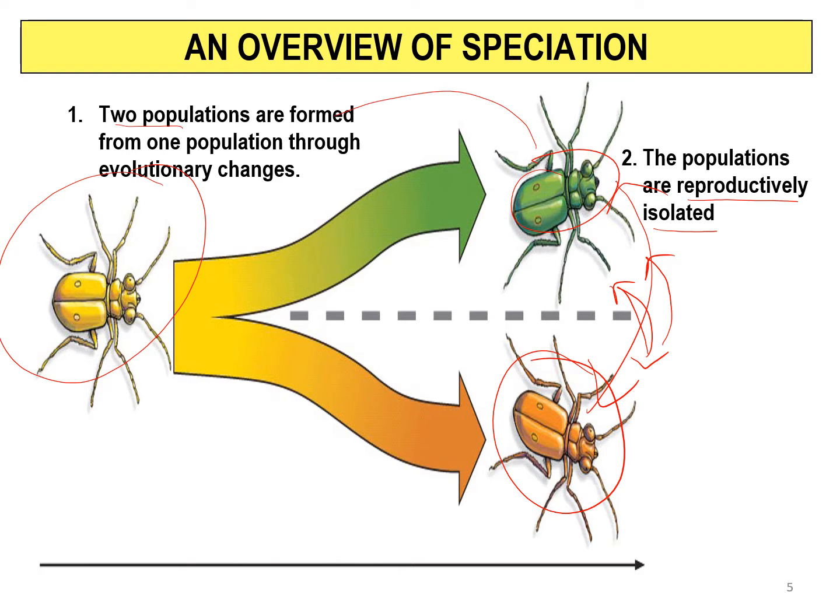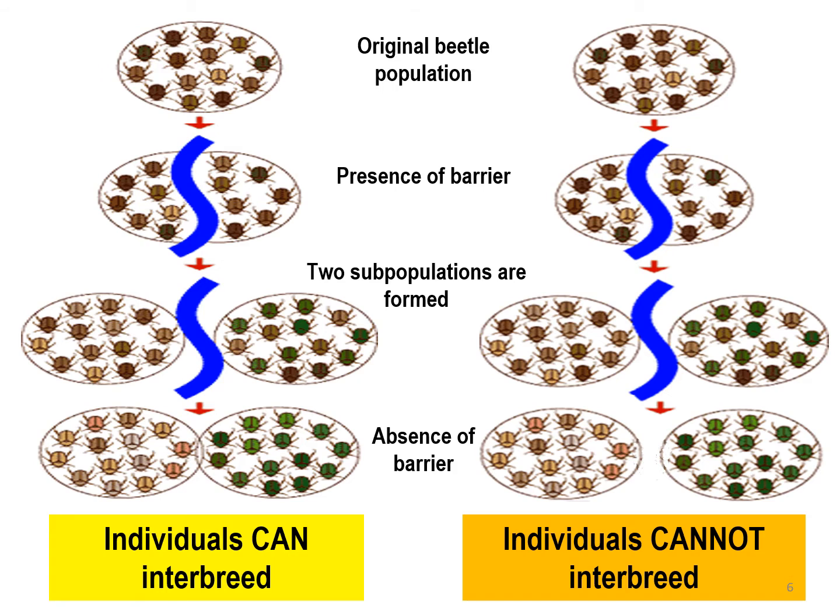Even the green one interbreeding with the original population cannot happen. Meaning no offspring produced, no fertile offspring produced, or the generation stops at the second generation only.